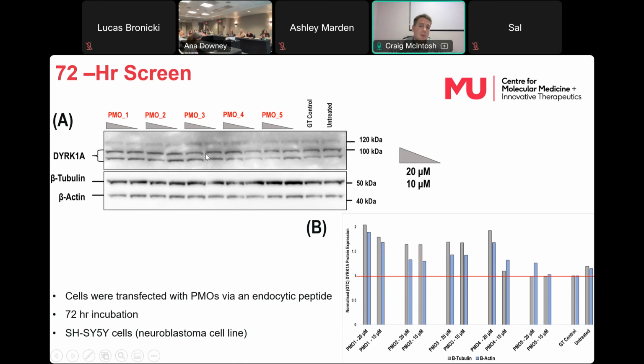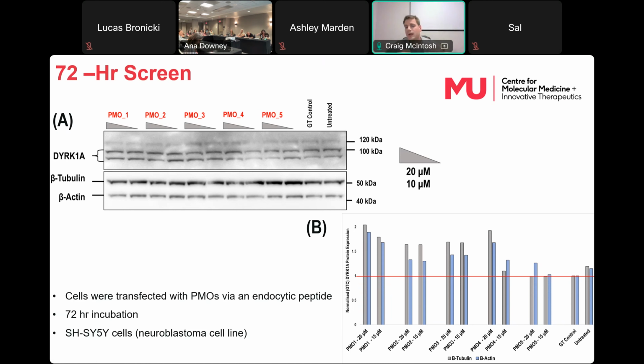These are separated on size, and really what I want to draw your attention to is all of the treated samples in red. You can see that they're slightly darker. The color and intensity of the blot is relative to the amount of protein. And then these bands below here are what we call housekeeping genes.